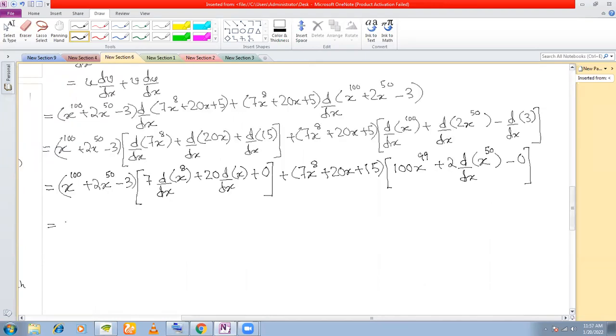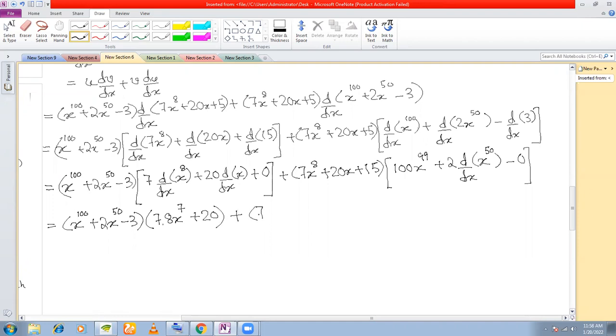So now this becomes x to the power of 100 plus 2x to the power of 50 minus 3. And here you have 7 as it is, and d/dx of x to the power of 8 is 8x to the power of 7, right? Plus 20. d/dx of x is 1, so this simply becomes 20 plus.